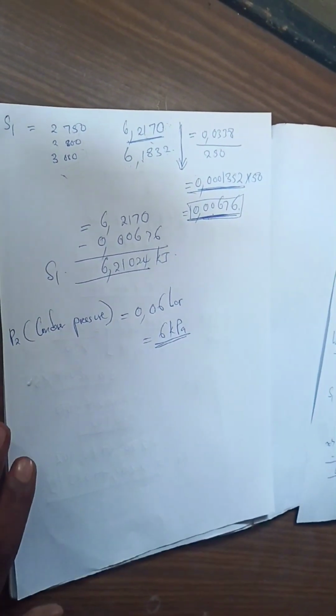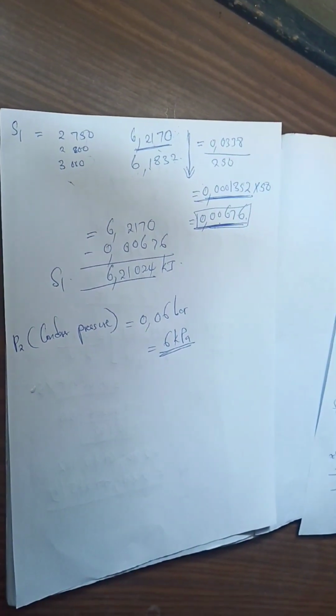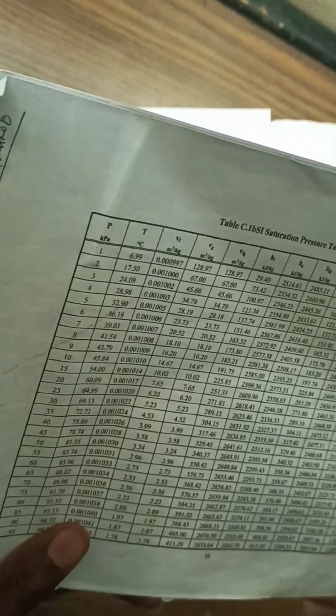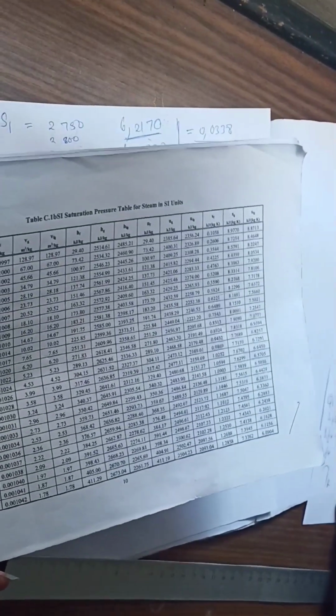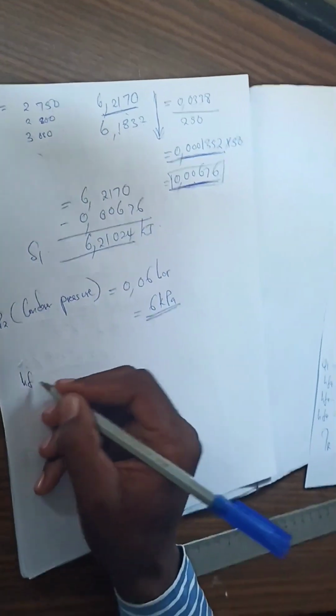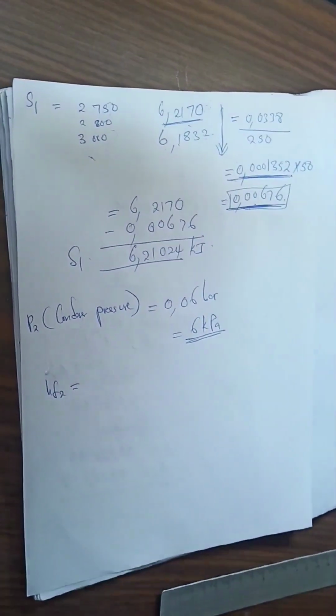Then we are going to check if we are having this 6 kilopascals. We are going to see that we are having our 6 kilopascals here. So there's no need for interpolating. Here we just need the value of HF there. So you have to find HF of 6 kilopascals.